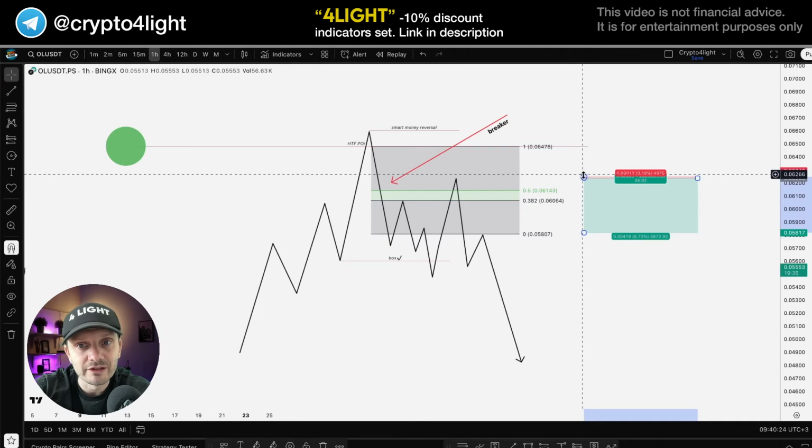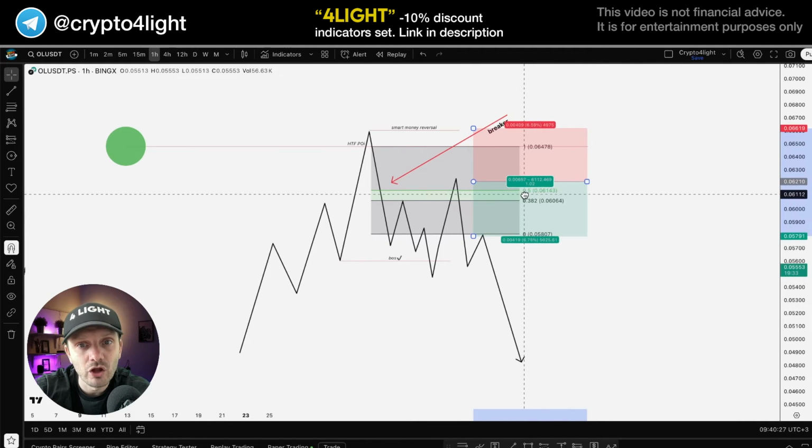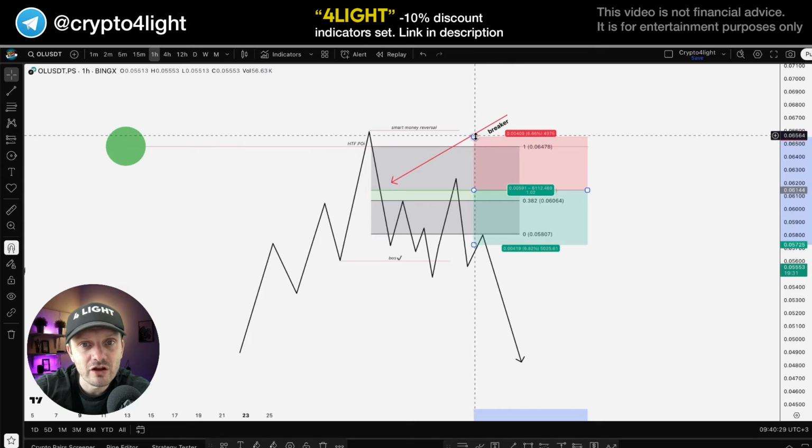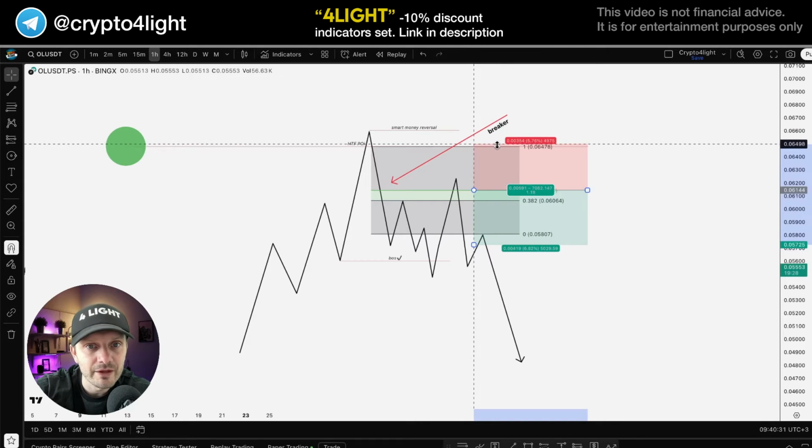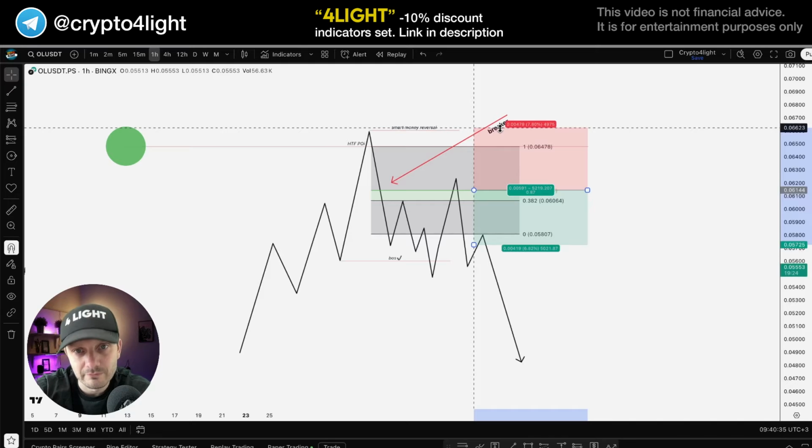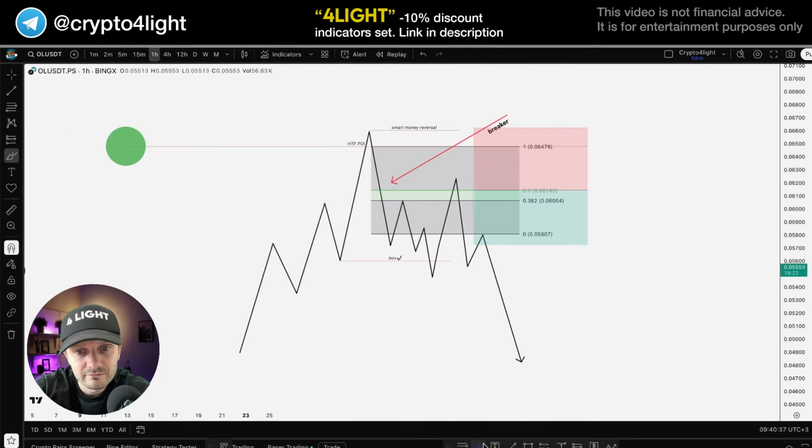Yes, absolutely. Here, for example, by logic, we can open a position here, stop loss over the previous higher time frame point of interest, right? Or over the SMR. But it's possible to see even a move like this again because of some news.